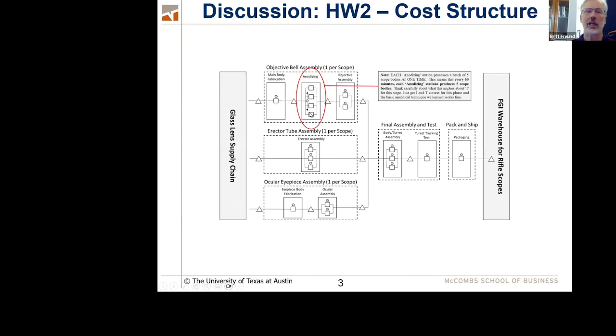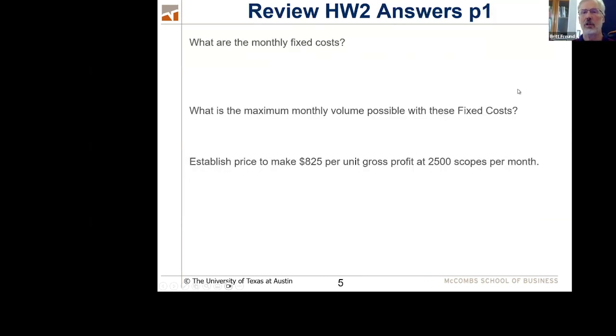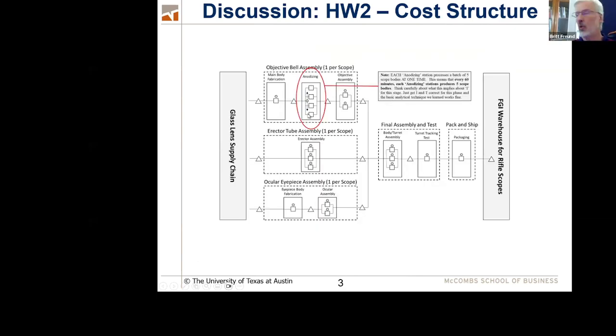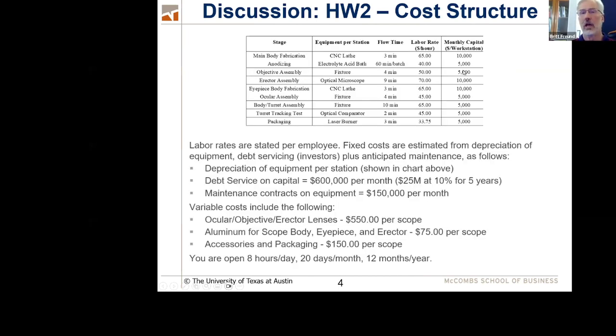As opposed to, let's look at anodizing. All right, when we look at anodizing, it looks like I have to pay $40 per hour for every employee in anodizing. However, there's only one. This one employee is running back and forth, keeping all these things going. So I owe one person $40 an hour to keep that room running. I also have to pay $5,000 a month in capital fixed costs for each of the anodizing cubicles.